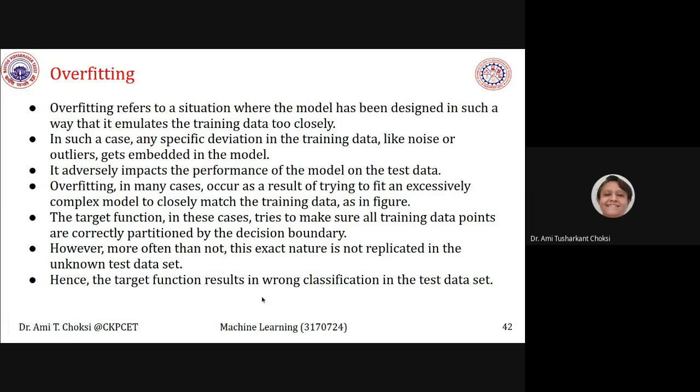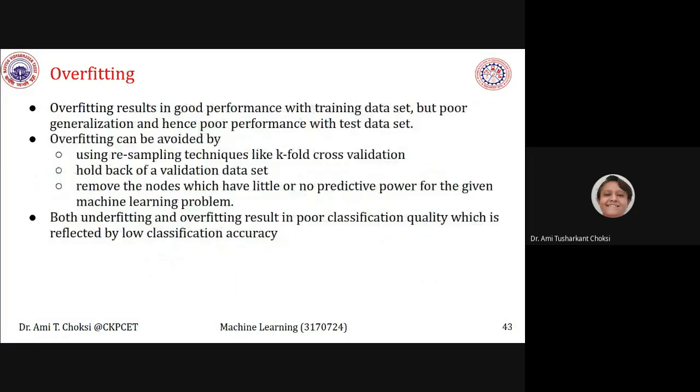Hence, the target function results in wrong classification in the test data. Overfitting results in good performance with the training data set but poor generalization, and hence poor performance with the test data set.